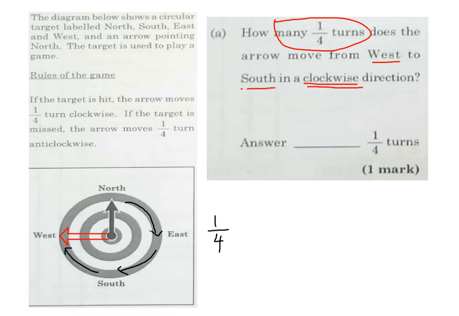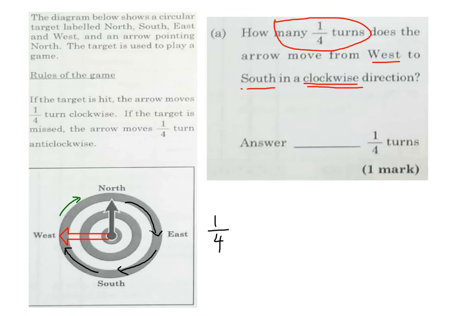If I go from west to north, that's a quarter turn, right? Didn't I just move from west to north, and that's only 1 quarter turn?